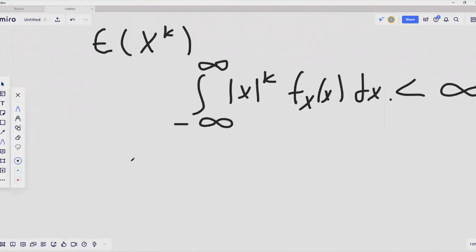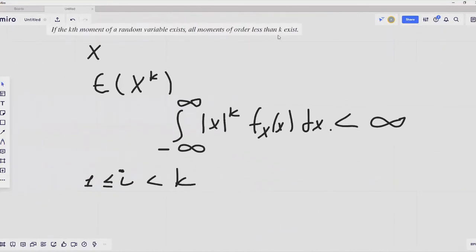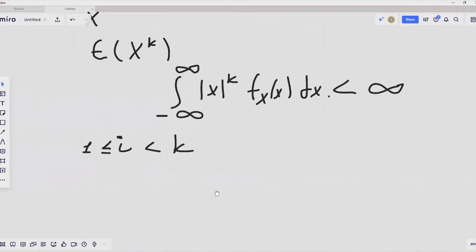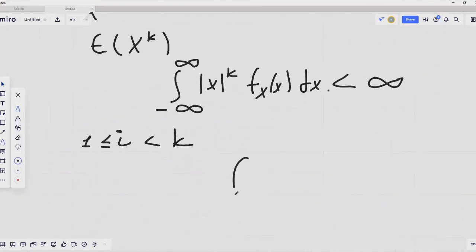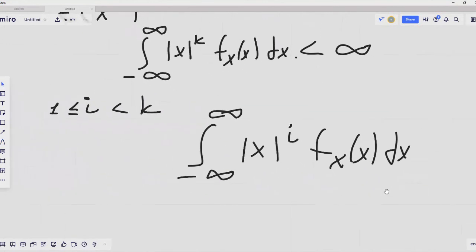So let's say we have another moment of that random variable, the i-th moment, where i is from 1 to k, strictly less than k. Then to show that all moments of order less than k exist, we need to show that all integrals from minus infinity to plus infinity of absolute value of x to the power of i, where i is less than k, should also exist. So we need to show that this integral is less than infinity.